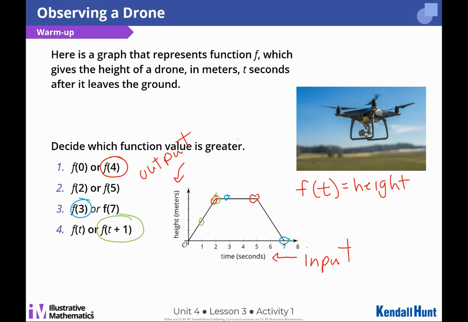Well, t is time of 6, f of 6 is up here, and then t plus 1 would be 7, f of 7 is down here. Then f of t is the one that's greater. So for the last one, it just depends on what t is. It's not a general rule since it increases in the first part, and then it stays steady in the second part, and then it decreases in the third part. So it depends on what t is.